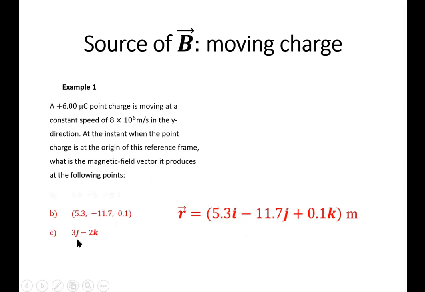For this one, the vector is already given to you. So you go straight and find the magnitude of the R, you find the unit vector of the R, you multiply it by the speed of the particle, and you go through the same procedure. Just use it as an exercise. Just watch the video again and you'll be able to do it.